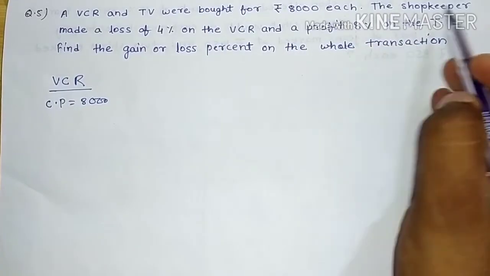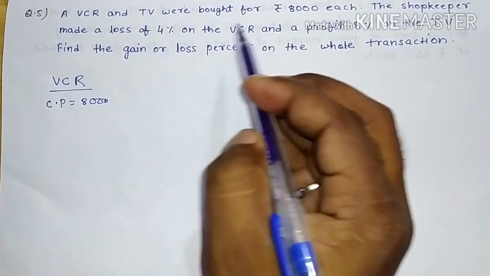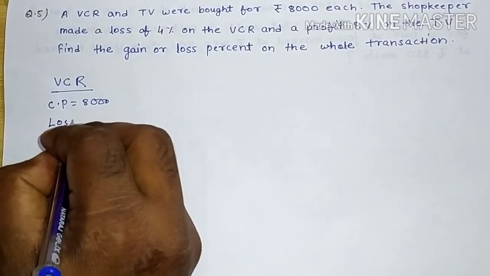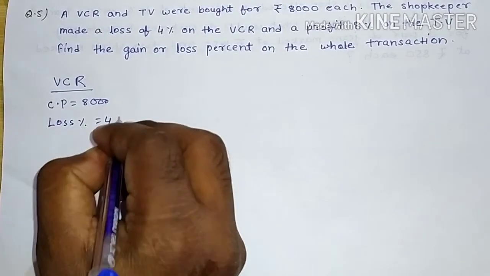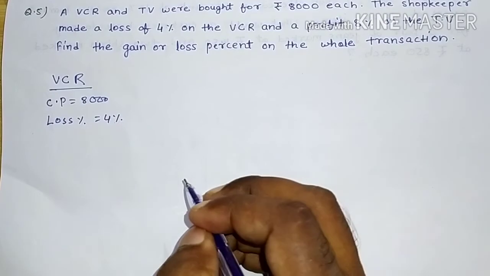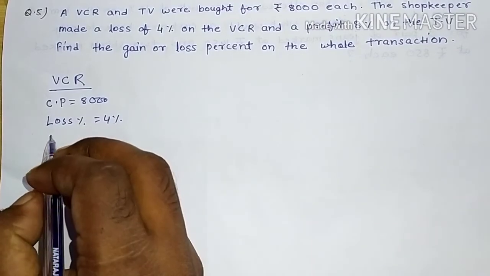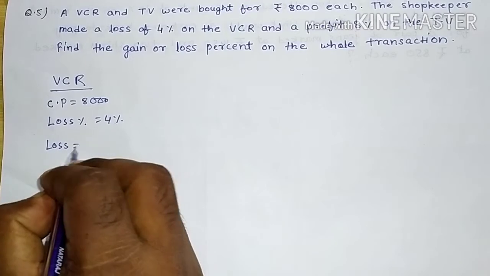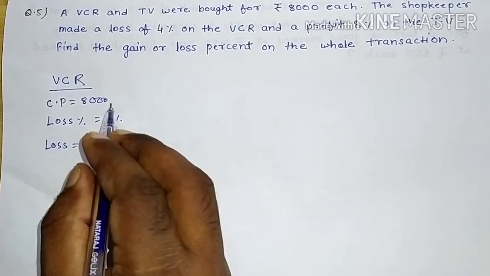and the shopkeeper made a loss of 4% on the VCR. So the loss percent is given here, 4%. So we can find the loss here. So loss equals 4% of 8,000.